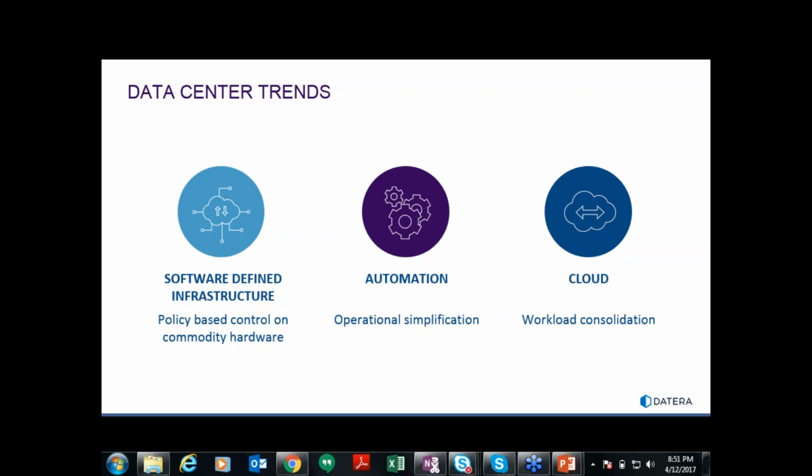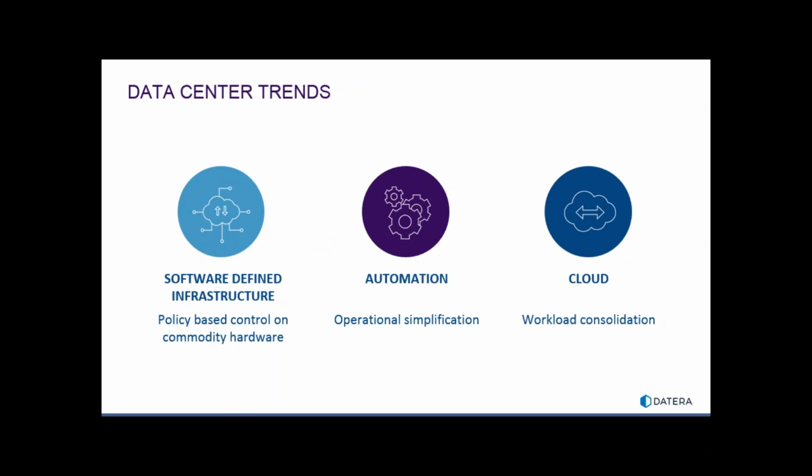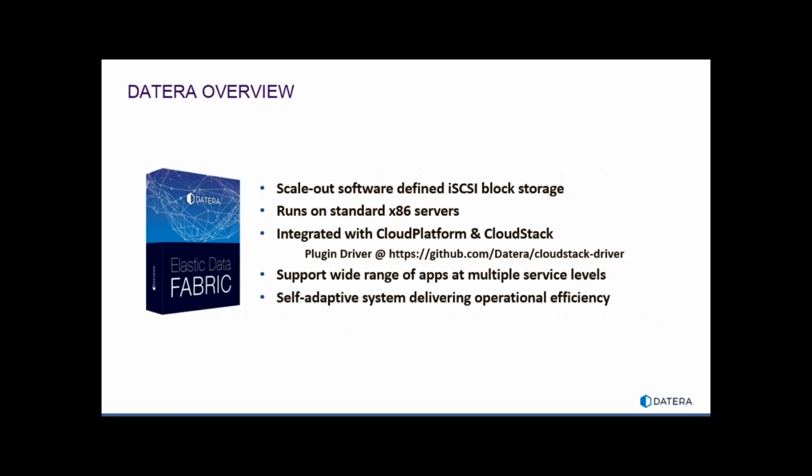The third area is about shared infrastructure or cloud with the self-service portal and consumption model. Customers want to have many applications and have multiple service levels for those applications with high utilization. So these are the three things we have taken to heart from a Datera perspective. And Datera is a purpose-built environment for cloud infrastructure. Next slide, please.